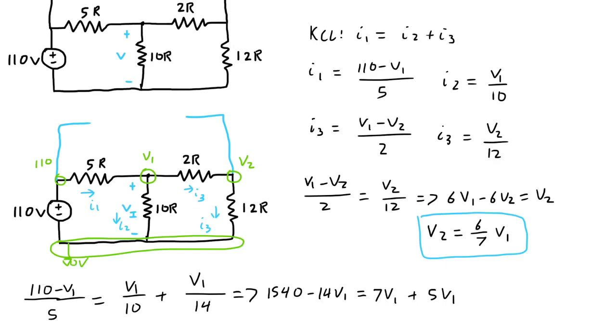So that's 14 plus 14, 28. So 1540 divided by 28, so V1 equals 55.